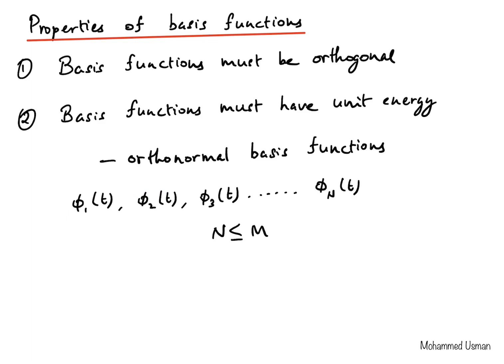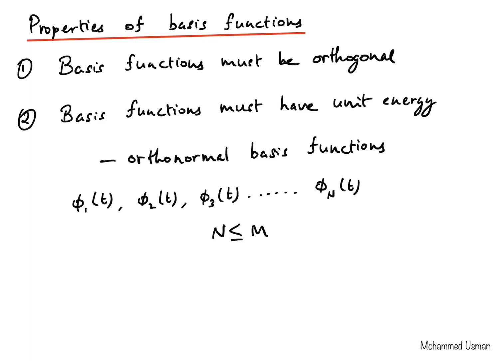Now at this stage we will just assume that there is some phi1 of t and phi2 of t, and you will use the properties that they are orthogonal and that they have unit energy, and try to see how we can represent our signals as vectors in the n-dimensional space, represented by these basis functions as the axes in the space. Later on we will see how to actually compute these basis functions as well.